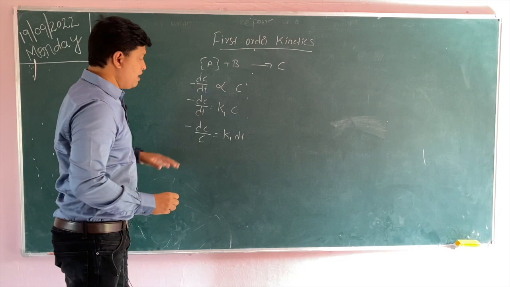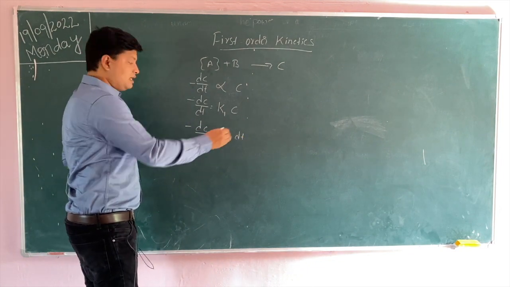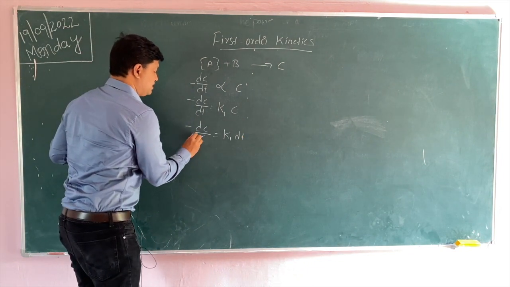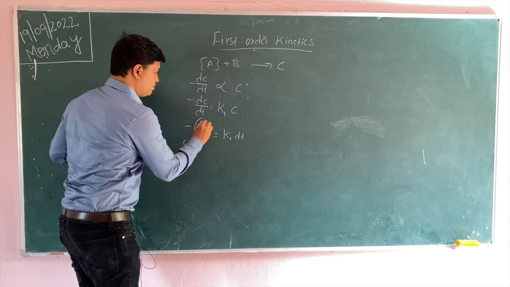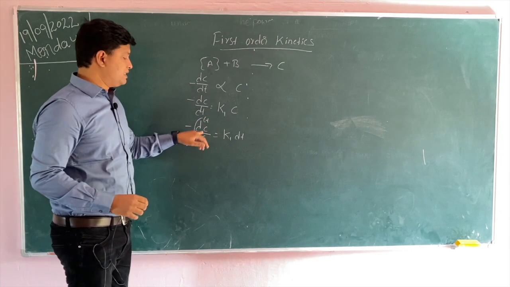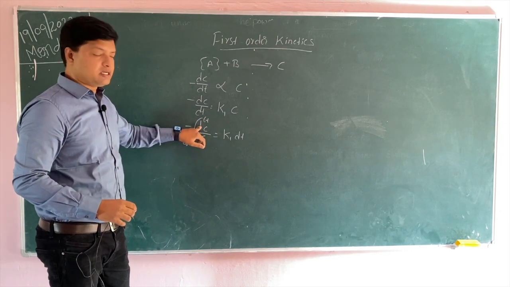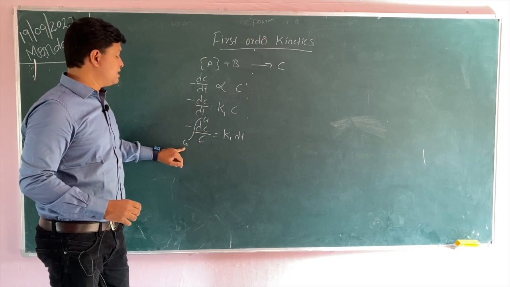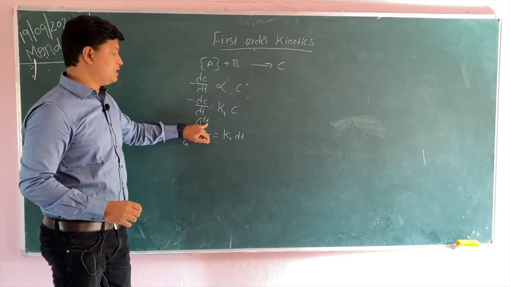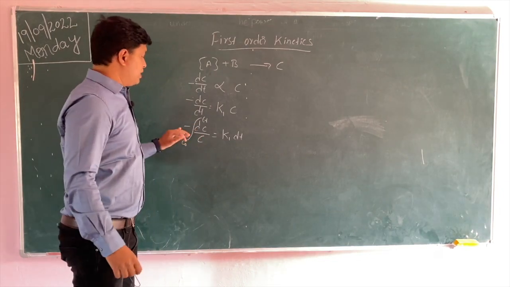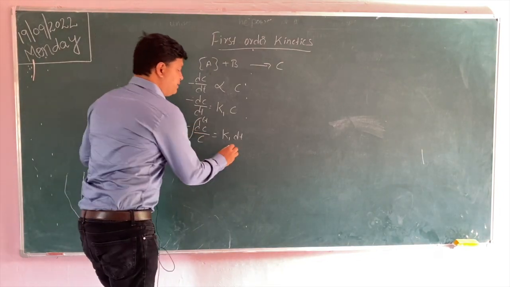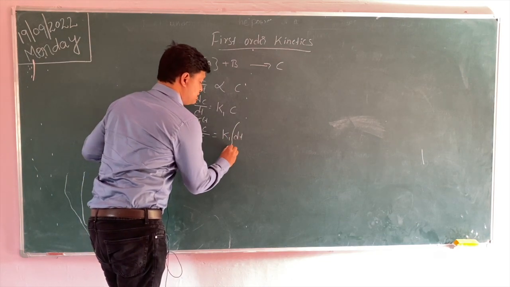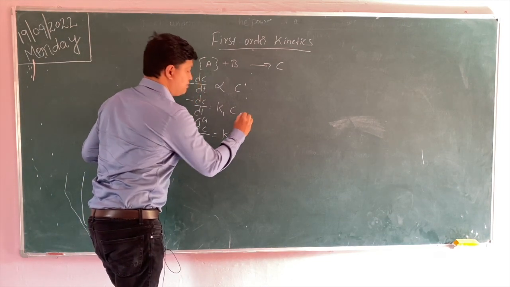After rearranging, we integrate the left hand side and right hand side. The left hand side, dC by C, is integrated from C0 to Ct. The right hand side, dt, is integrated from time 0 to time t.